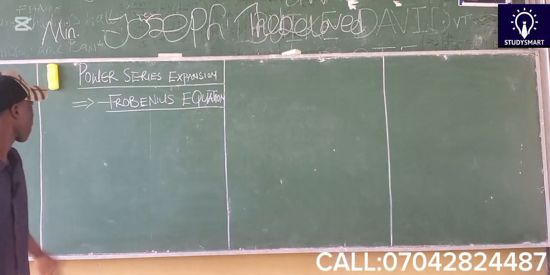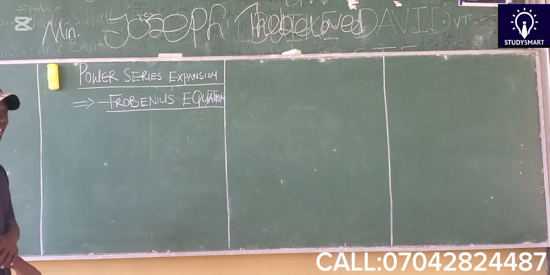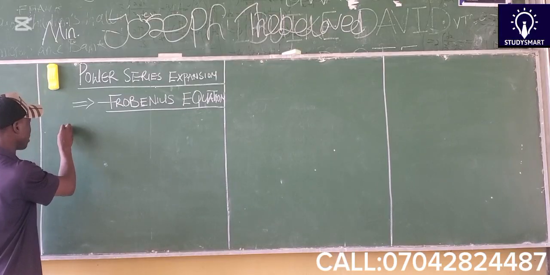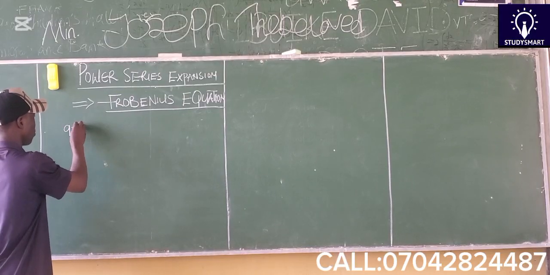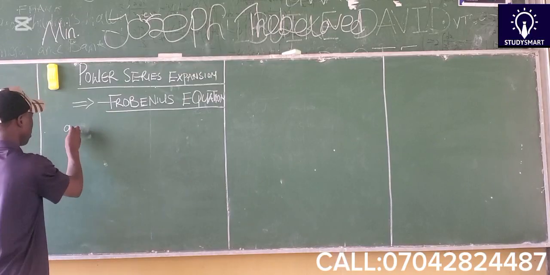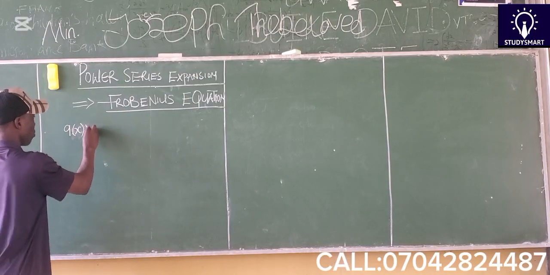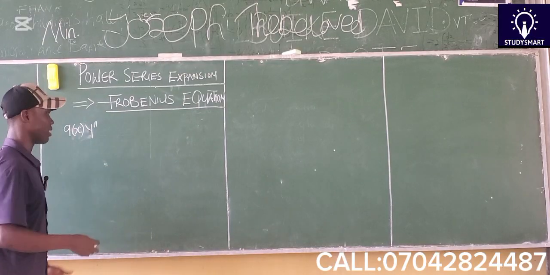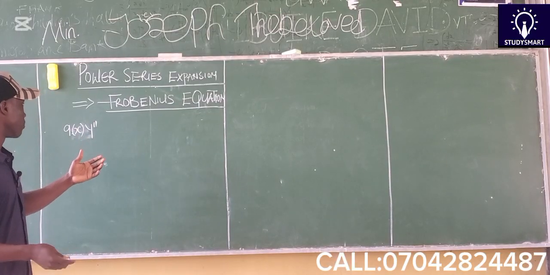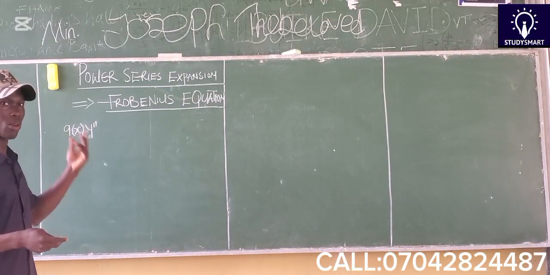The Frobenius equation is an equation that has the expression of the kind a of x y prime prime, because we are dealing with ODEs to the second power.